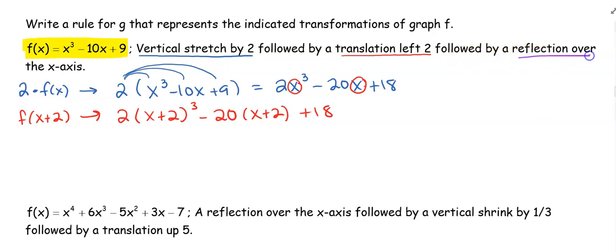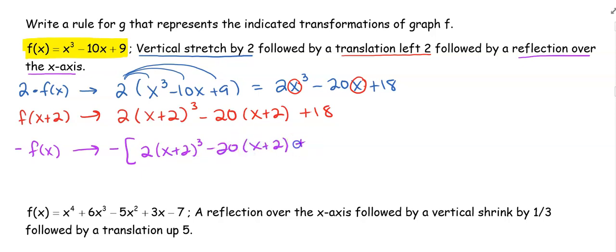Followed by a reflection over the x-axis. So I'm going to take whatever I have and distribute a negative. This is where I'm at with my equation from the last step. I'm going to distribute a negative.